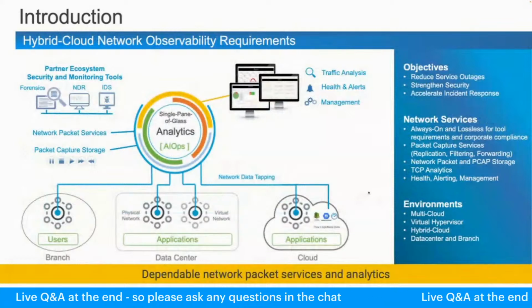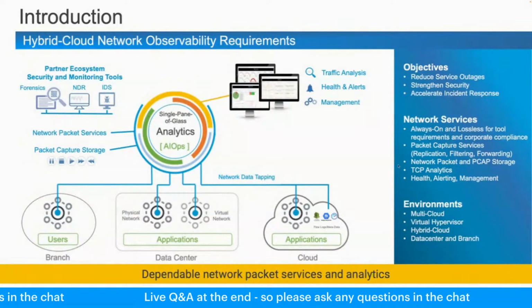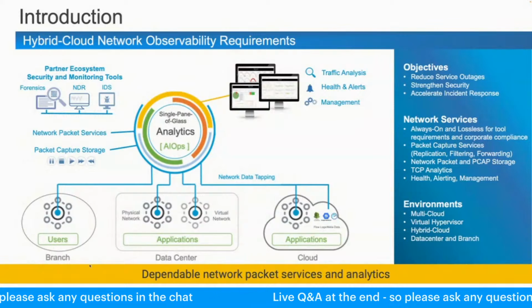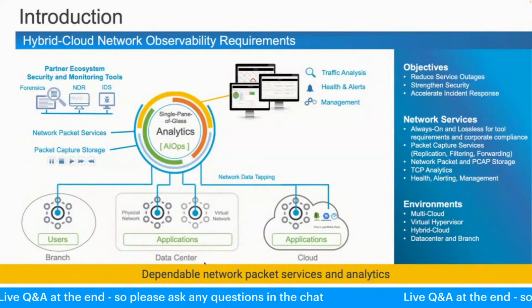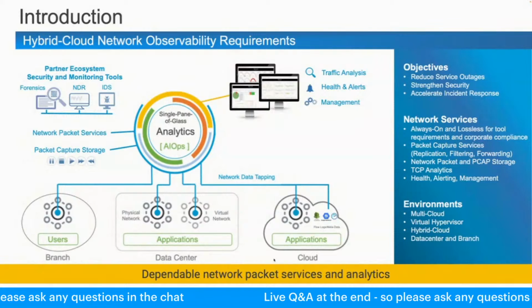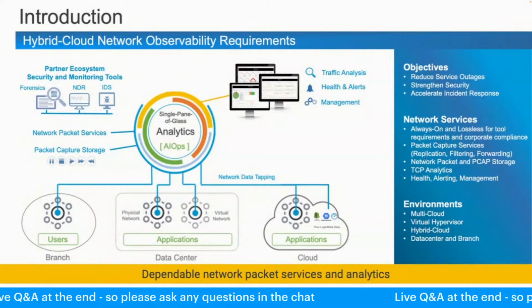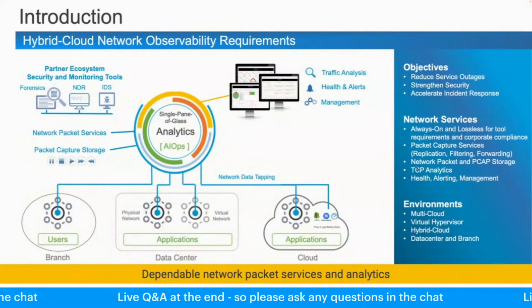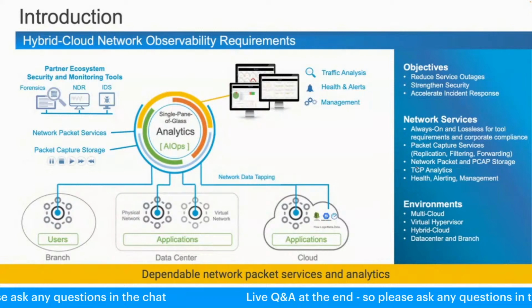So just a little bit around the requirements in these environments, typically from the network services. So you can see down here, you may be dealing with branch to data center connectivity. You may be dealing with cloud and data center. So from the network services point of view, typically we get a lot of requests always on and lossless for the security folks at least.